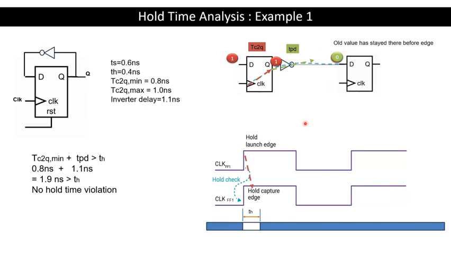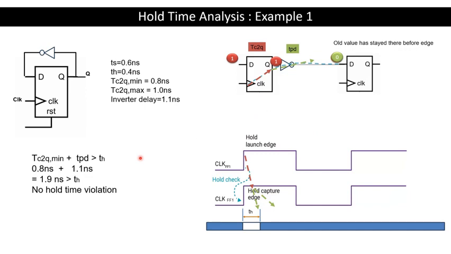That delay is TPD. So it shouldn't happen too early as shown in this arrow. It should happen later, exceeding the hold time counting from the edge of the capture flip-flop, such that it doesn't affect the transfer of the signal from D to Q of the capturing flip-flop. But in this case, note that the capturing flip-flop is the same as the launching flip-flop.